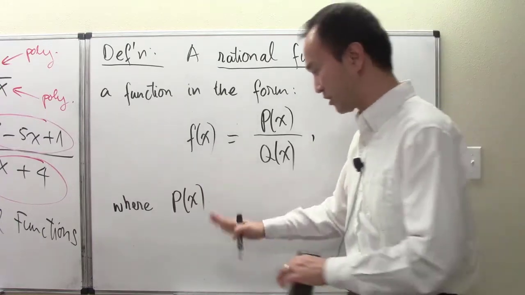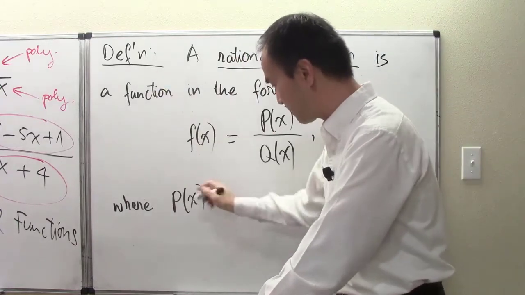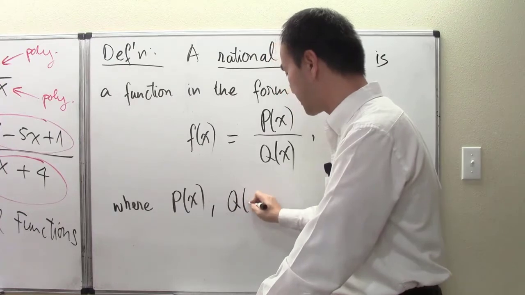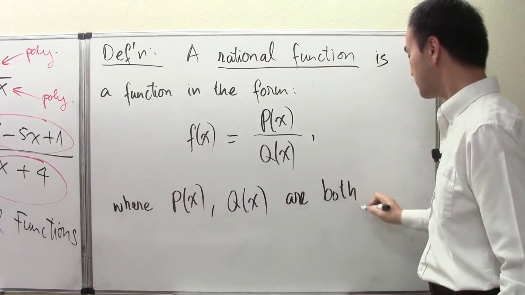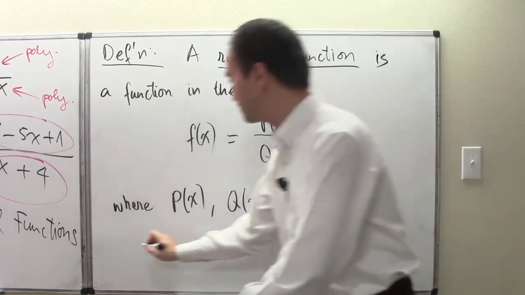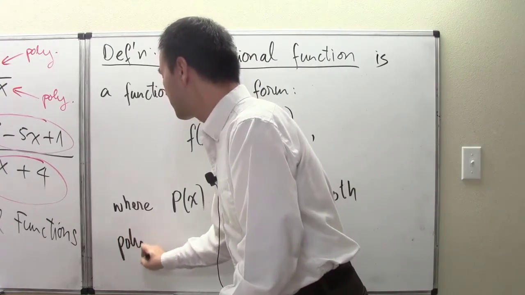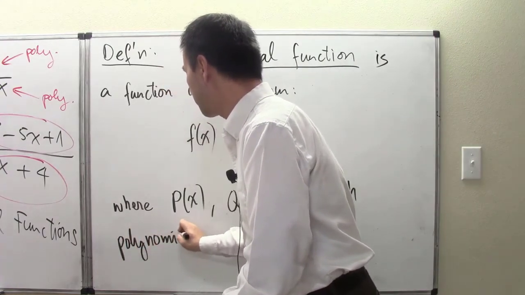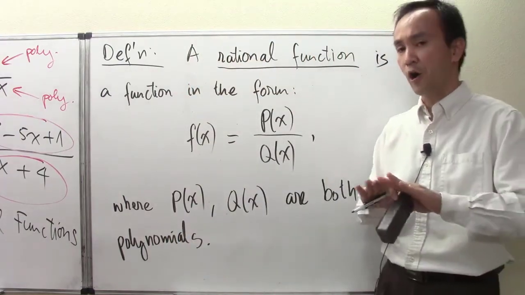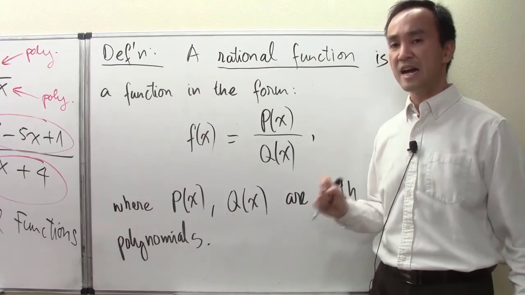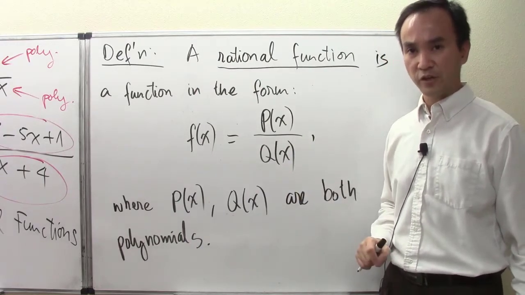I'm just going to get straight to the point: P of x and Q of x are both polynomials. All right, one nice and short definition, but it represents all different angles, all different aspects of a rational function.